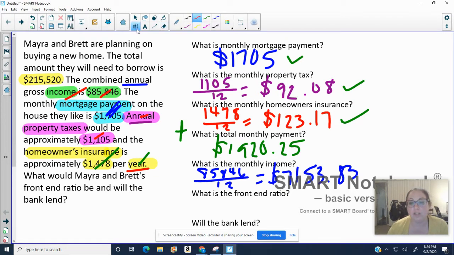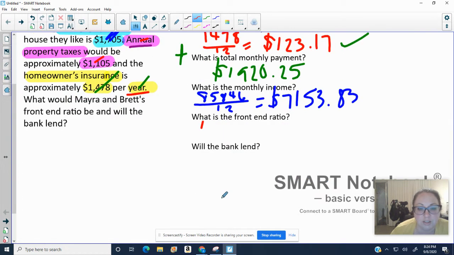Okay, so we just found their monthly payment for their house and we found their monthly gross income. We took that annual amount and divided it. So next thing we're gonna do is find that front end ratio because that's where my other video cut off. Front end ratio, you are going to take your total monthly housing expenses. In this case, I'm gonna scroll down just a little bit so that we can see it. 1920.25, that was my housing expenses, the mortgage, the tax, and the insurance.